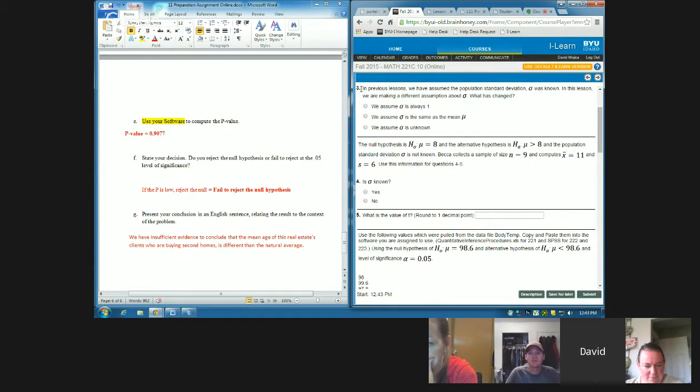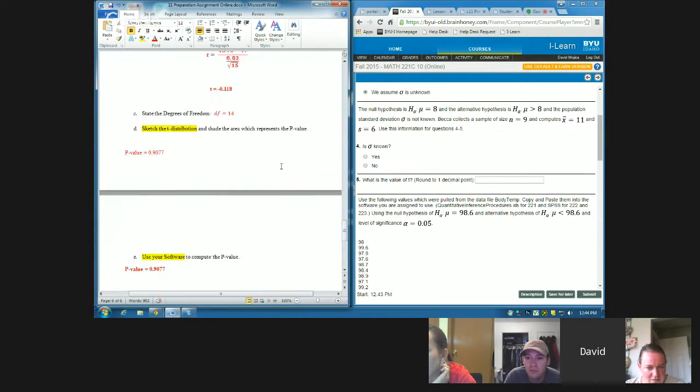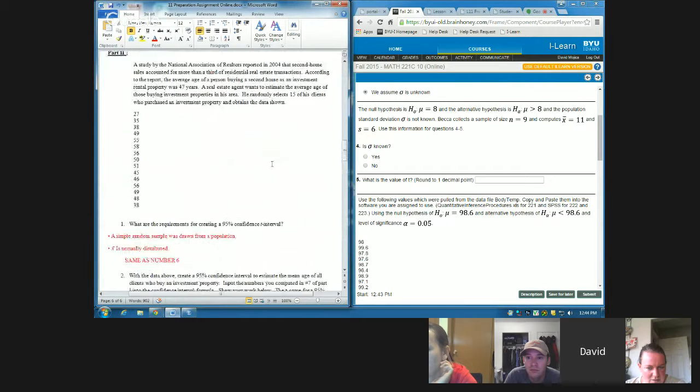I'll start. In previous lessons, we have assumed the population standard deviation, sigma, was known. In this lesson, we are making a different assumption about sigma. Okay, I'll do the next one. The null hypothesis is the mean equals 8, and the alternative hypothesis is the mean is greater than 8. The population standard deviation sigma is not known.